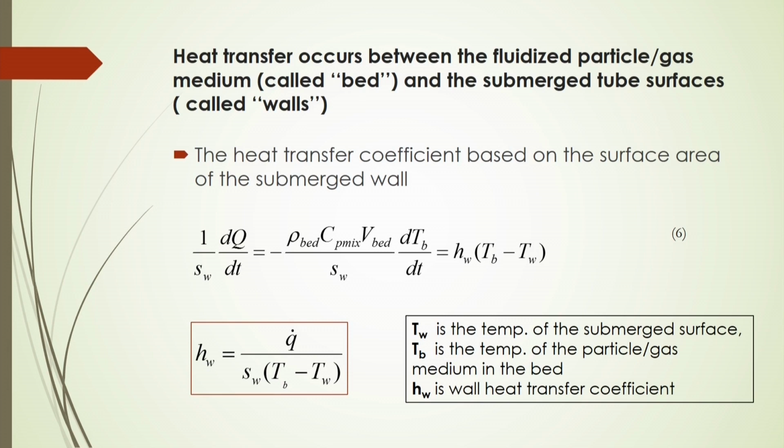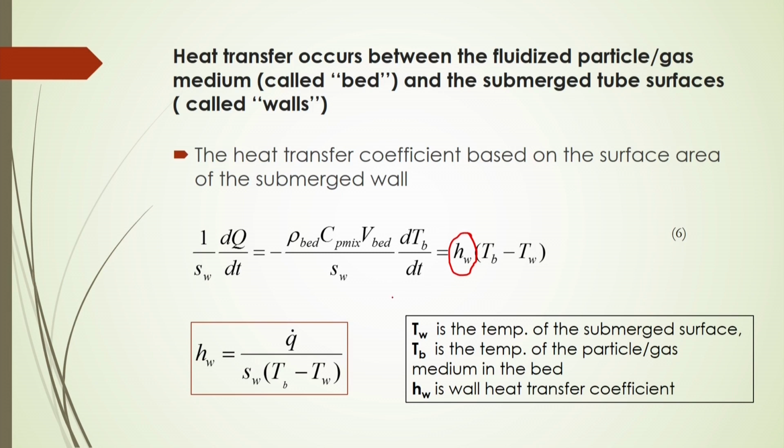The heat transfer coefficient based on the surface area of the submerged wall will be represented by equation number 6 here. In this case, for a submerged wall, the heat transfer coefficient will be represented by h_w, that is called the wall heat transfer coefficient.